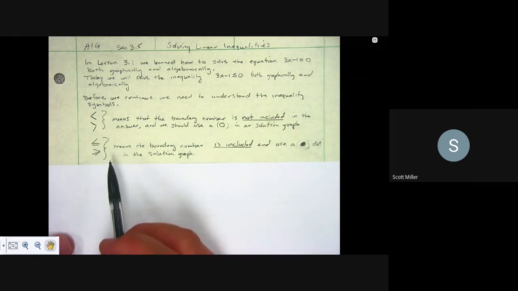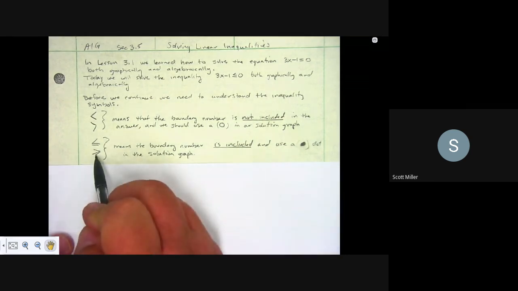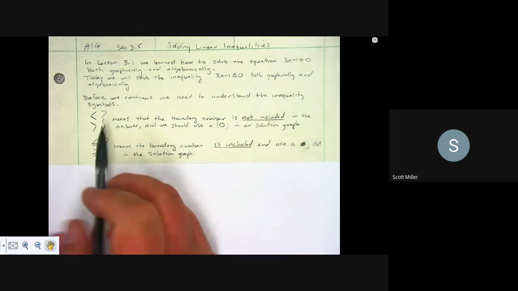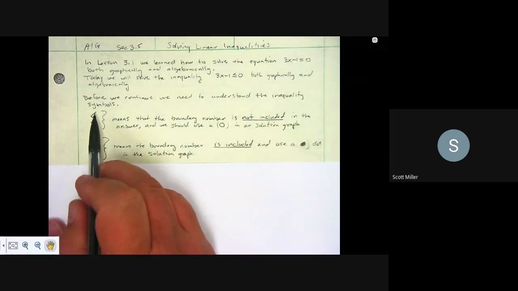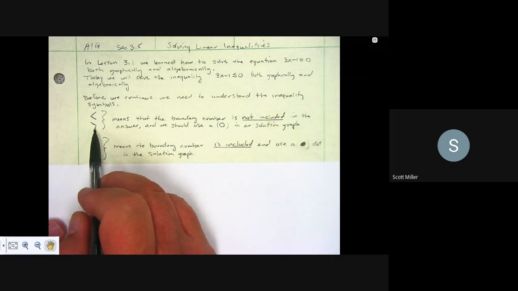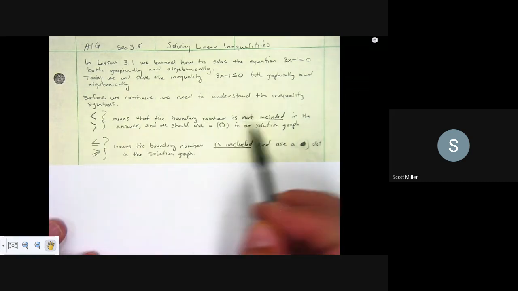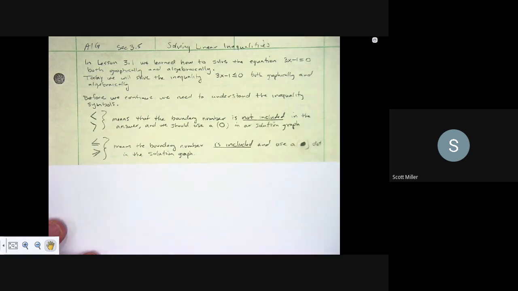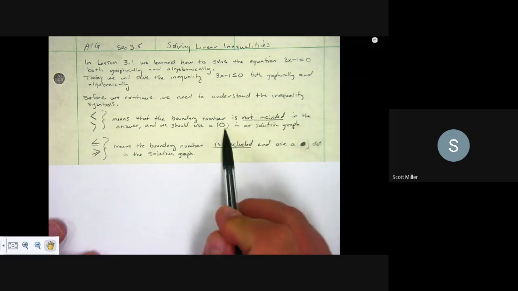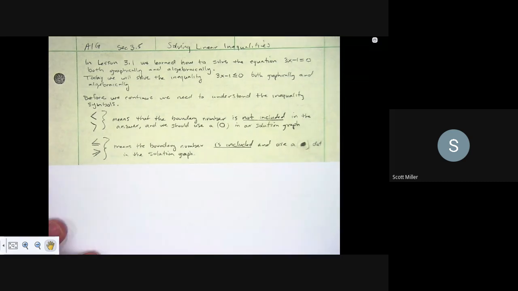Before we can do that, though, we need to talk about some notations and symbols. We need to understand the inequality symbols, what they mean, and what you're going to use when we display our answers. For right now, since we're doing one variable, the two inequalities, less than and greater than, mean that the boundary number, which we'll talk about in a little bit, is not included in your answer, and we use an open circle in our solution graph.